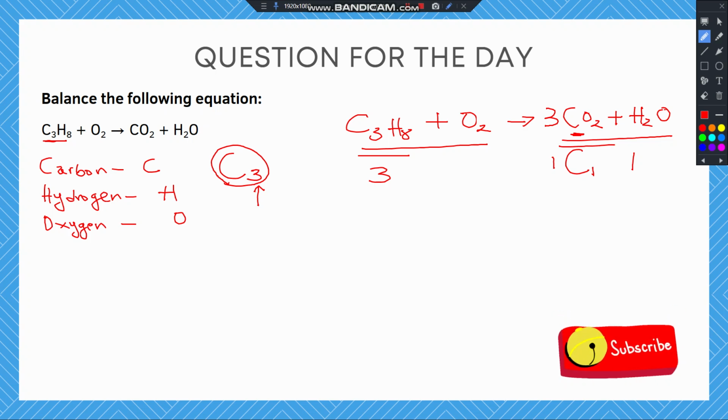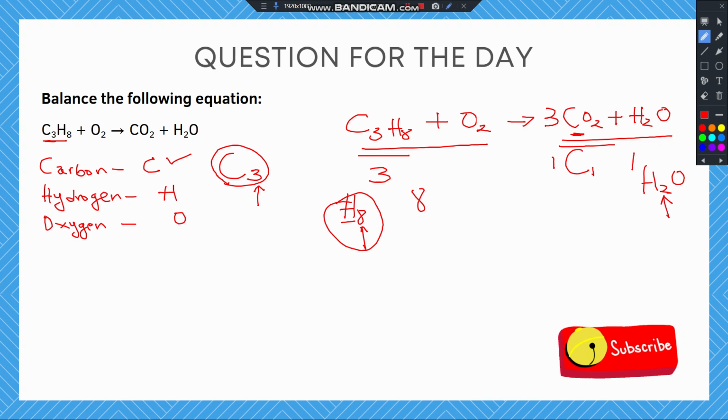So now that we have carbon balanced, the next element to move on to is hydrogen. So for hydrogen, we have how many atoms of hydrogen? We have 8 atoms of hydrogen on the left hand side. H8 here signifies that hydrogen has a subscript of 8, denoting that there are 8 atoms of hydrogen on the left side. On the right side, you can see H2 inside H2O.